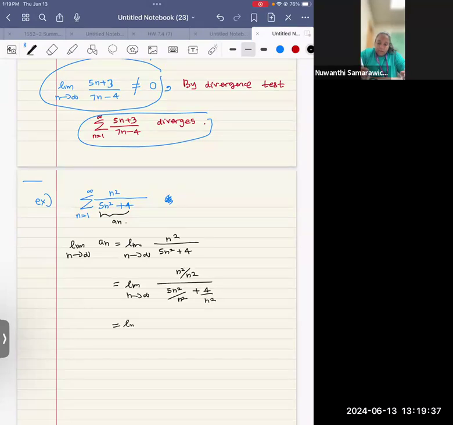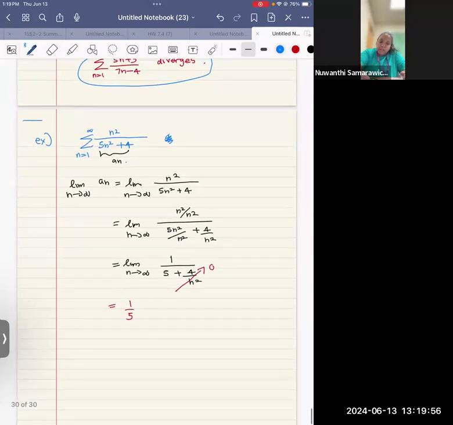Then you have the limit as n approaches infinity of 1 over 5 plus 4 over n squared. When n goes to infinity, the 4 over n squared becomes 0. So you will have 1 over 5, which is not equal to 0. So our series with terms n squared over 5n squared plus 4 diverges.